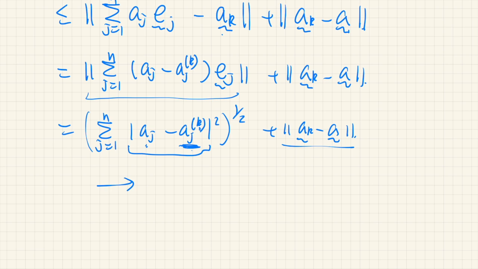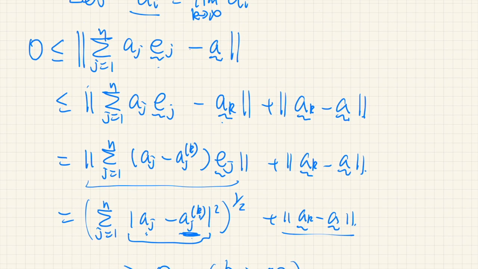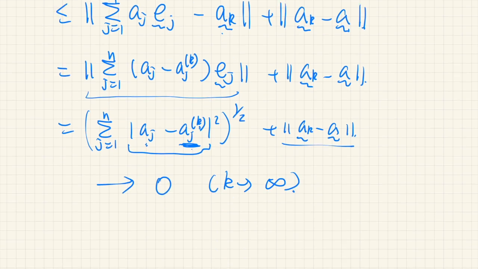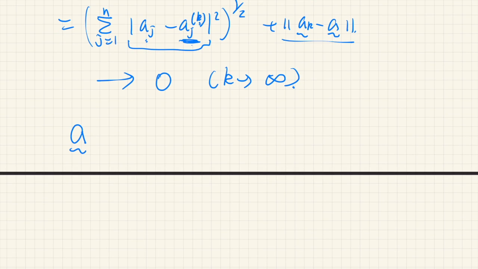So everything converges to 0 as k goes to infinity. That means this converges to this. So therefore, a is equal to the sum of a_j e_j.